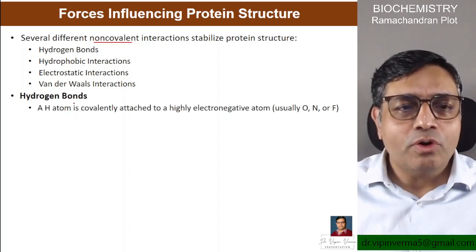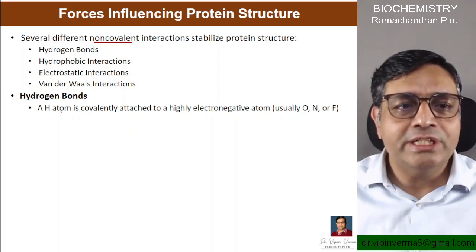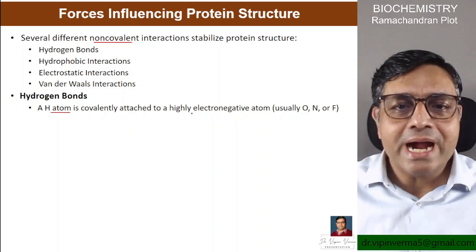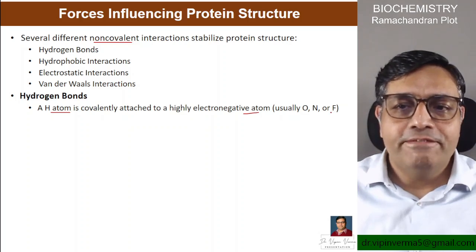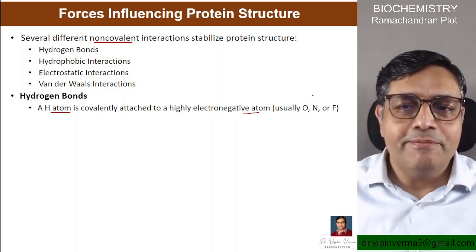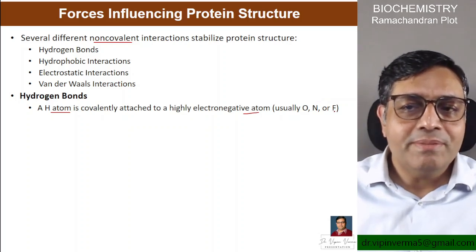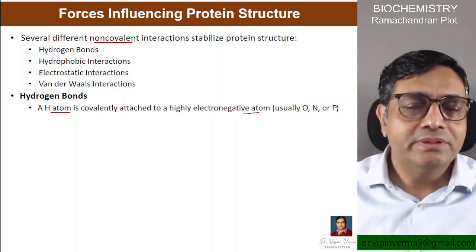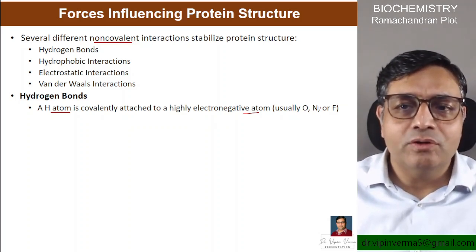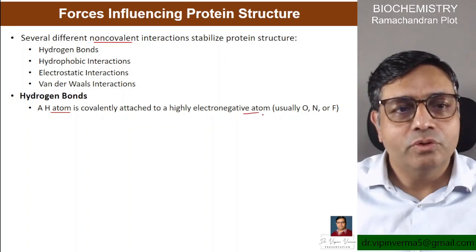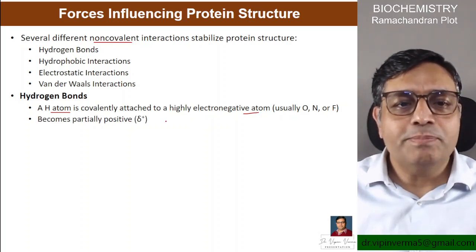A hydrogen bond is basically a covalently attached hydrogen atom to a highly electronegative atom, and these electronegative atoms are N, O and F. For mnemonics you can just learn them like FON, phone. A hydrogen atom will be attached to either oxygen or nitrogen or fluorine, and then it becomes partially positive.